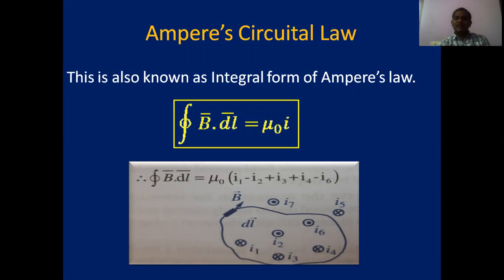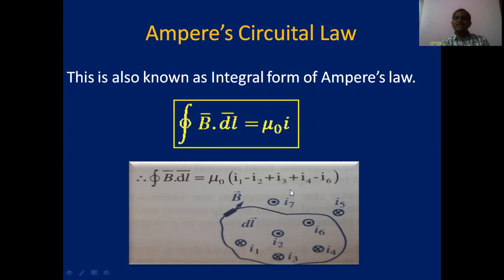Okay. So then the net current enclosed by this closed path, how much? I1, I3, I4 are taken as positive. Then I2, I5, I7 are taken as negative. So then closed integral B bar dot dL bar equals mu naught into I1 minus I2 plus I3 plus I4 minus I6.